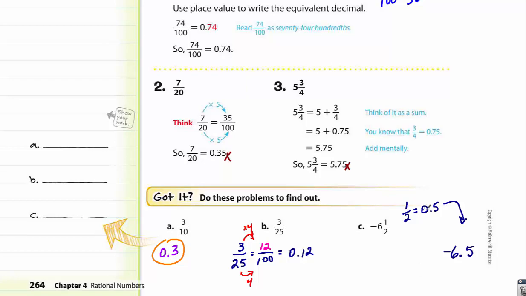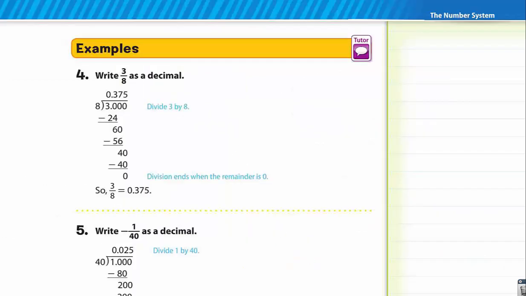This 0 in the ones place gets replaced by the 6 in the ones place, and then 0.5. So we have -6.5. That is our answer to that one. This was our answer to this one. All right, let's take a look at the next example they give us.